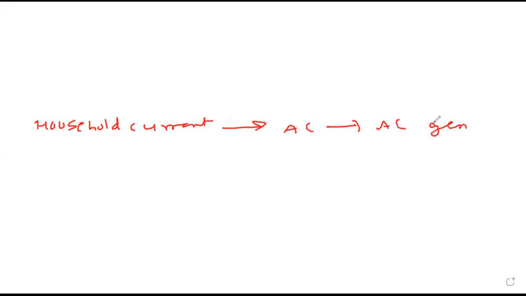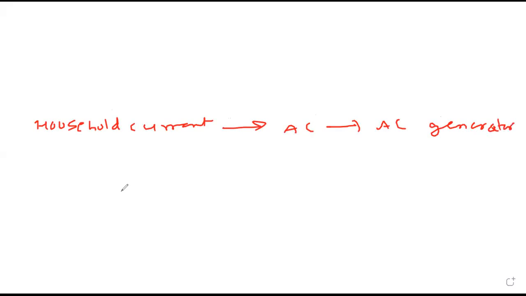EMF induced in a rotating coil: I have derived the formula E is E0 sin omega t for you. Have I derived that formula for you? Yes, sir. Okay. So all our household current is AC, obtained from an AC generator. AC means alternating, not alternating current, because AC can be voltage also, AC can be current also.